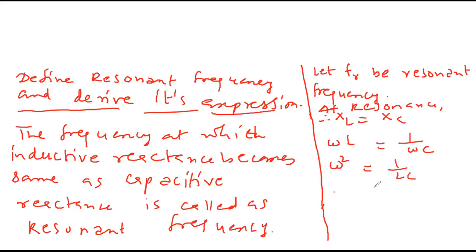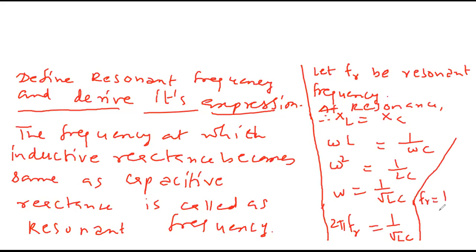Omega equals 1 upon root LC. So 2 pi into resonating frequency is 1 upon root LC. Therefore, FR equals 1 upon 2 pi root LC. This is the expression for resonant frequency. Please copy.